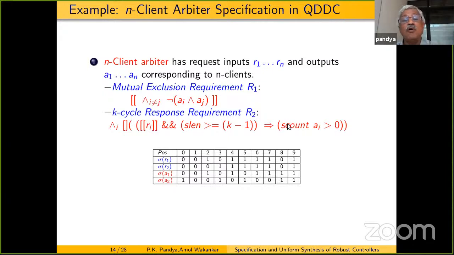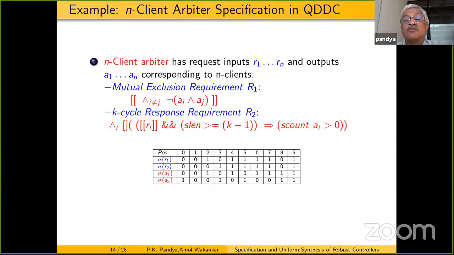So in any window, if the request has been held continuously high for k cycles, then the acknowledgement should be true. Now, suppose you have got 10 request lines and you want to respond to all of them within 3 cycles. This is impossible because all of them may request all the time.